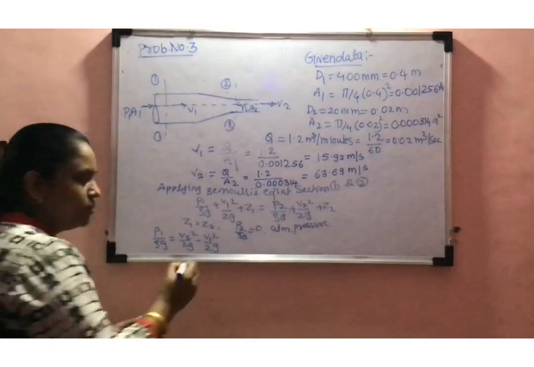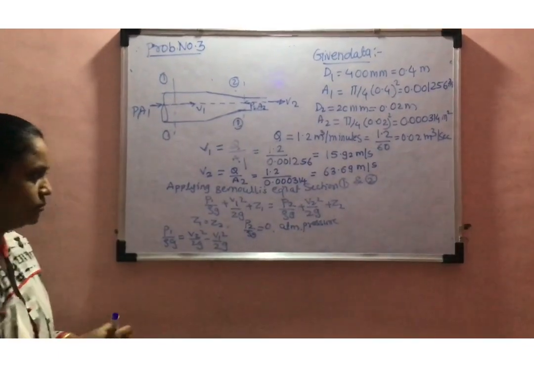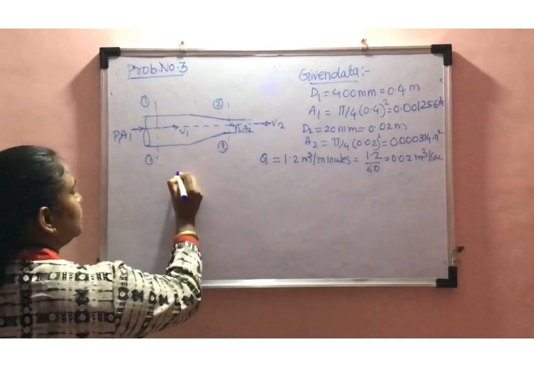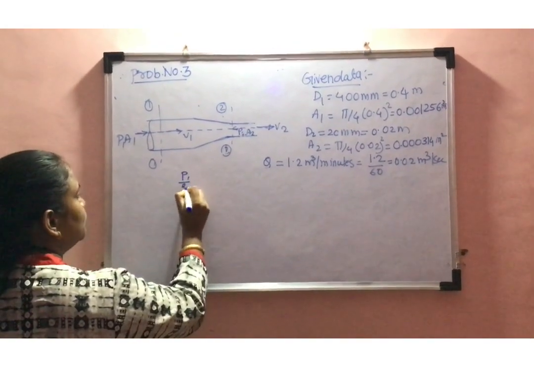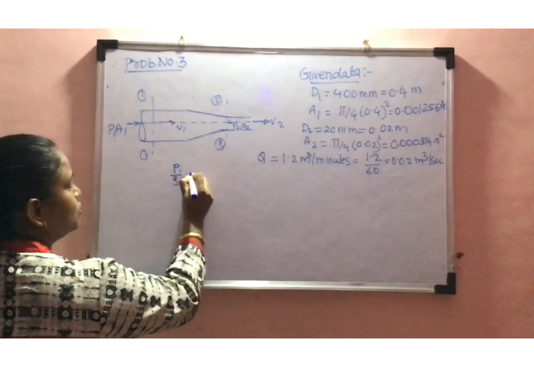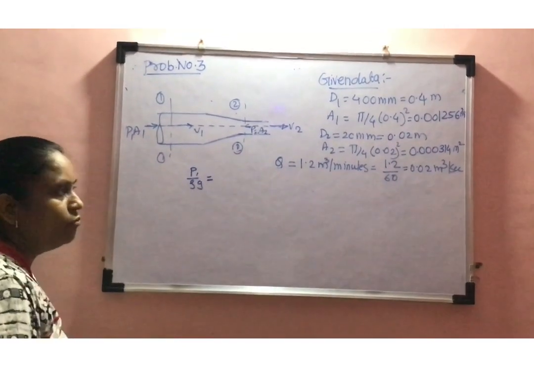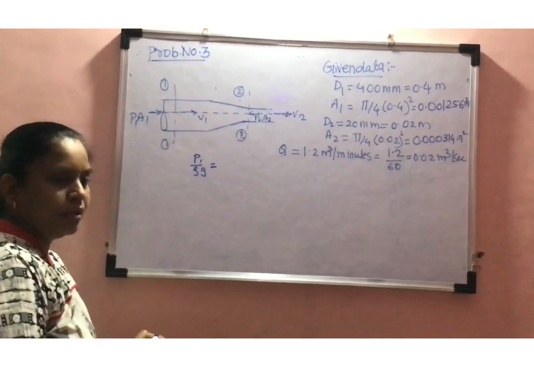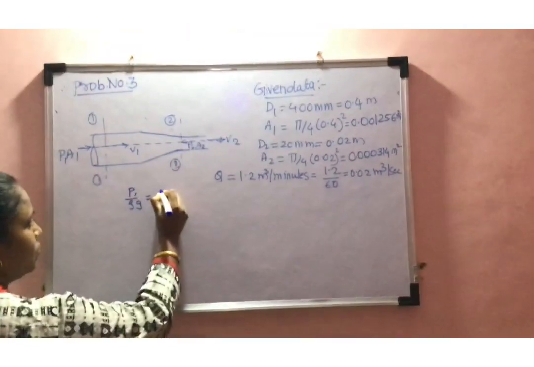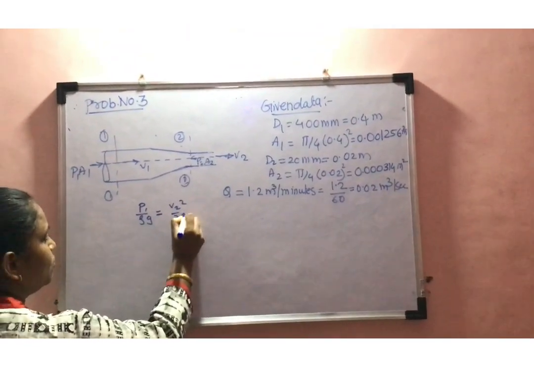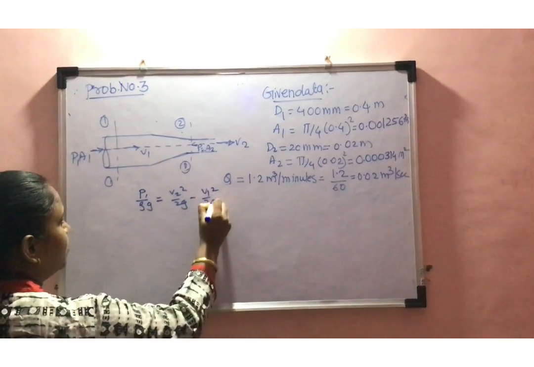Okay, now I am going to put the values. P1 upon rho g is equal to the value of V2 square upon 2g minus V1 square upon 2g.